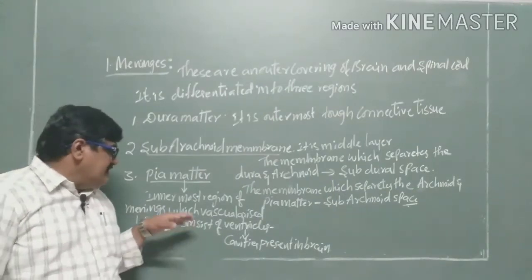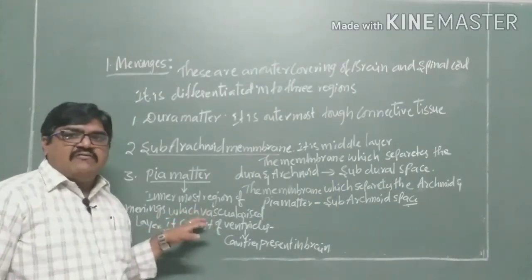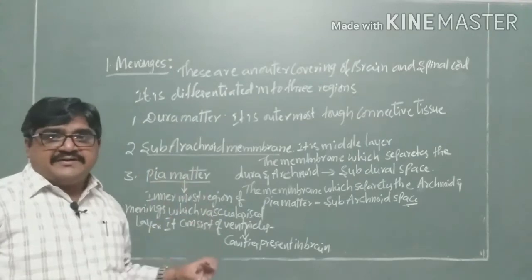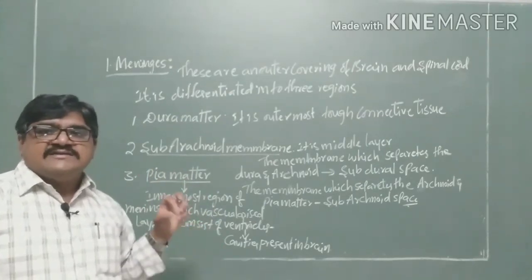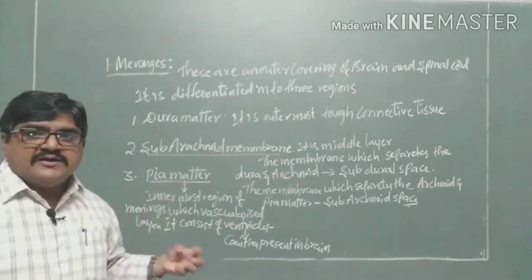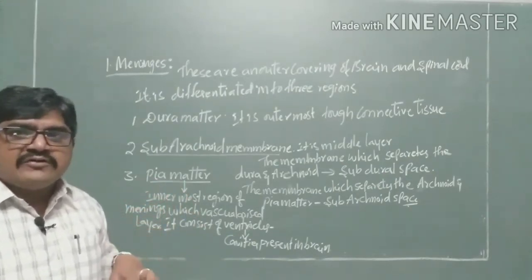So these ventricles also will be covered by the pia mater. The first ventricle opens into the second, the second opens into the third, and the third ventricle opens into the fourth ventricle.